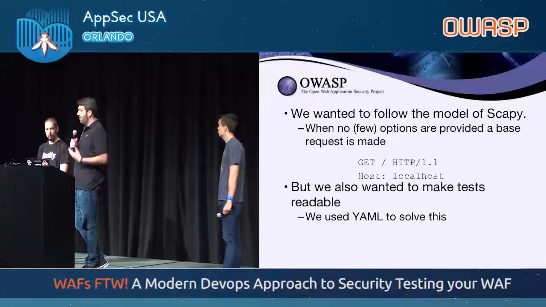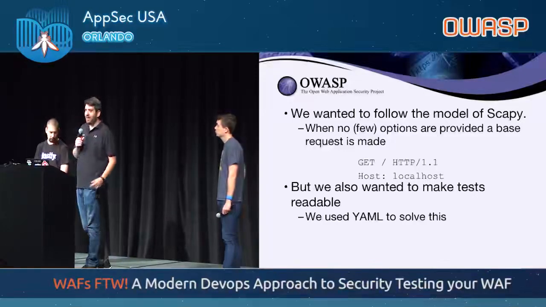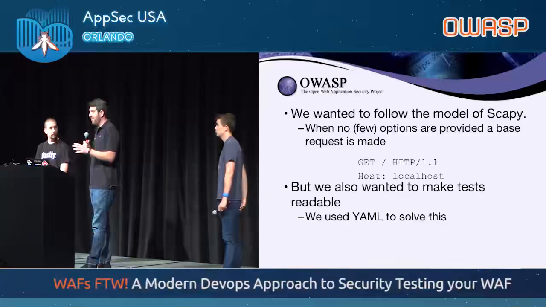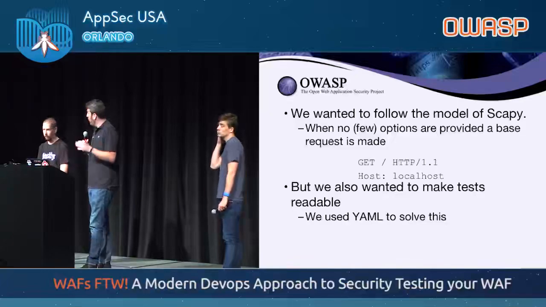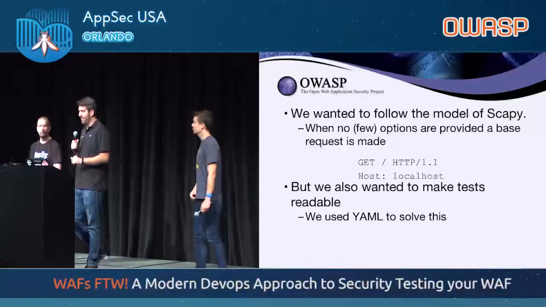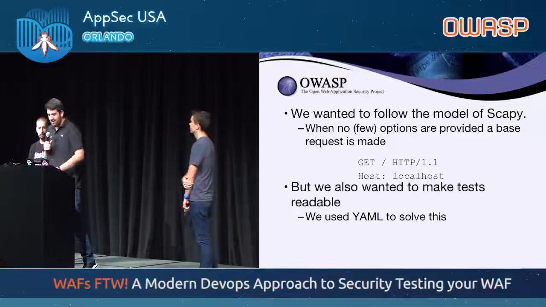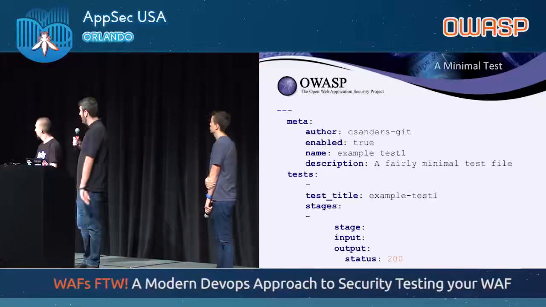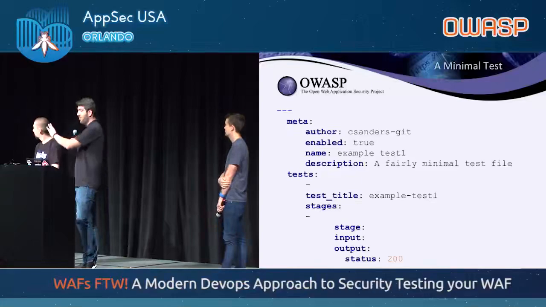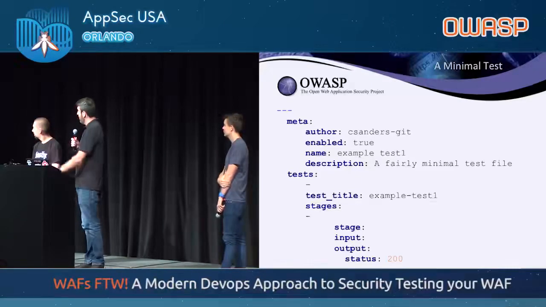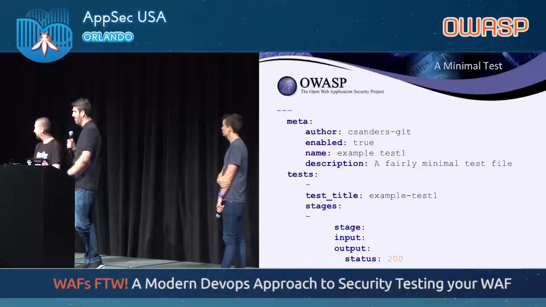In addition, we want people to be able to make these tests readable. I know a lot of you have lived through the 2000s and XML. We're going with YAML here. It's a little bit more readable and easy to write. Here's an example of a test, and this test literally does nothing. You don't actually need almost everything I have here. It's just going to make a base HTTP 1.1 request, as I just showed.